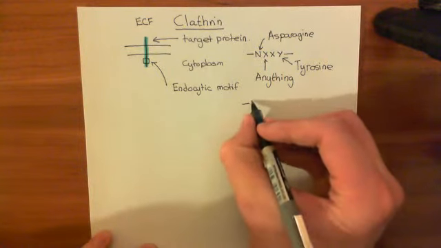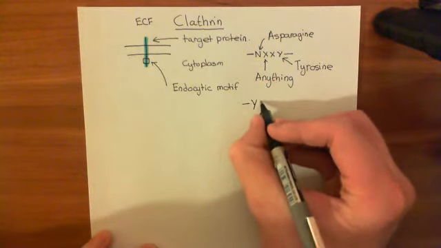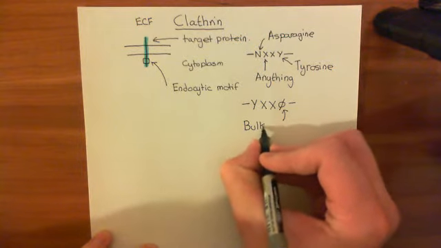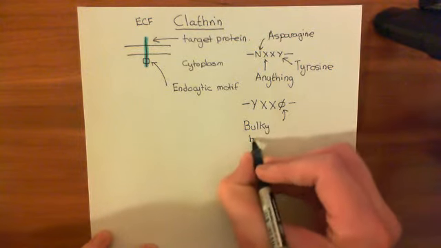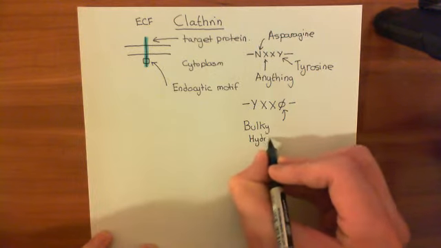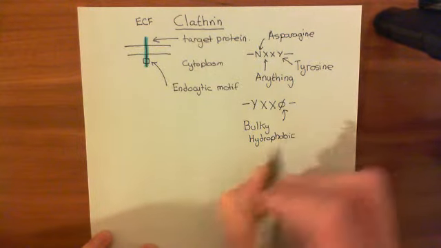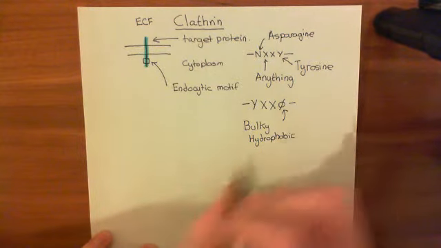Another example is tyrosine followed by anything, followed by anything, followed by Phi. Again, Phi is not a single letter amino acid code. Instead, this means any amino acid can sit here as long as it is bulky and hydrophobic, so it needs to have a bulky hydrophobic R group. What examples of amino acids do we know which have bulky hydrophobic R groups?